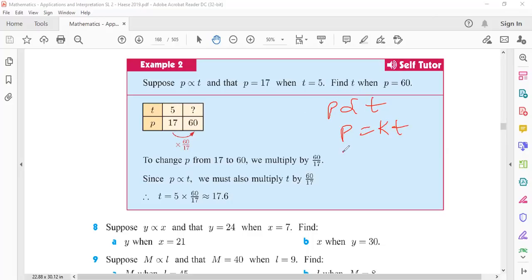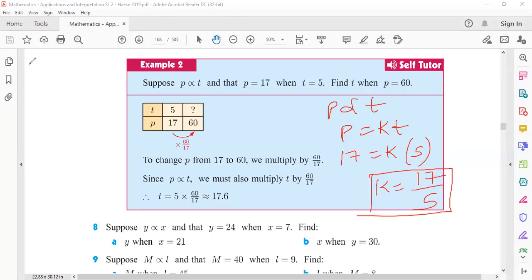So here P is 70 and T is 5. So K is 70 upon 5. You have to use that K, and now you have to find, when P is 60, what is T? Again the same formula, P is equal to KT.